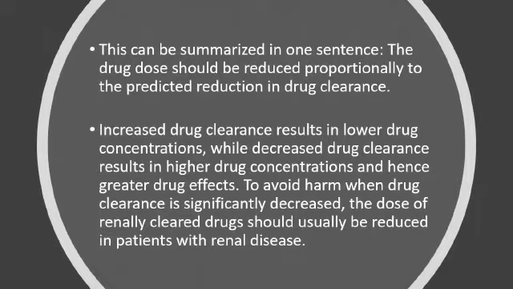Increased drug clearance results in lower drug concentration, while decreased drug clearance results in higher drug concentration and hence greater drug effect. To avoid harm when drug clearance is significantly decreased, the dose of renally cleared drugs should usually be reduced in patients with renal disease.